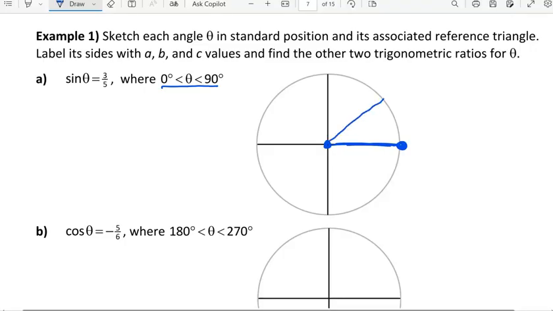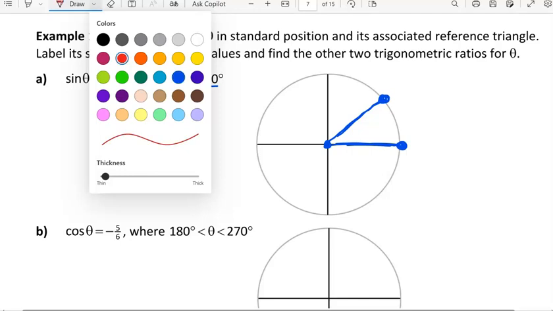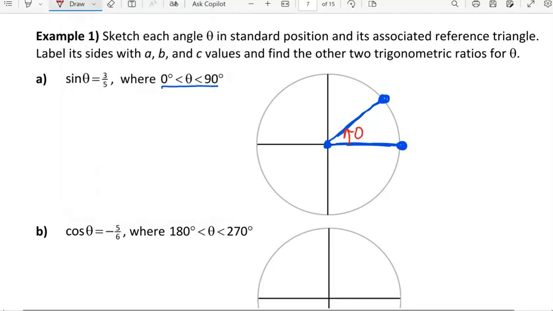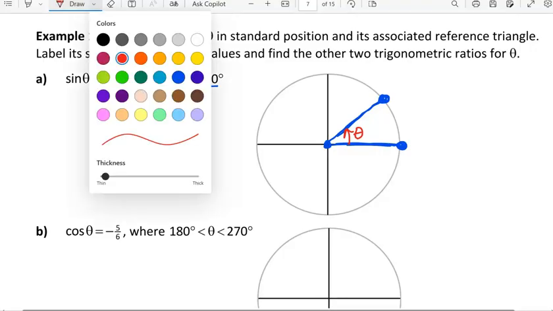So I'm going to draw a terminal side in quadrant 1 and sketch in our angle theta. That's a directed angle that goes counterclockwise from the initial side to the terminal side.